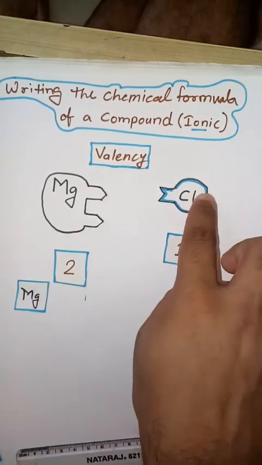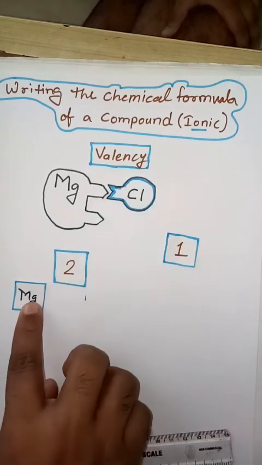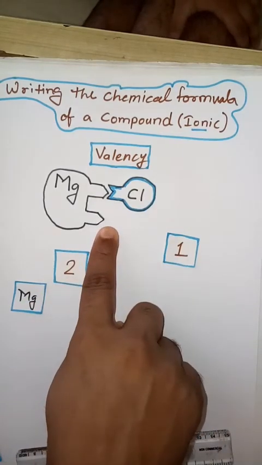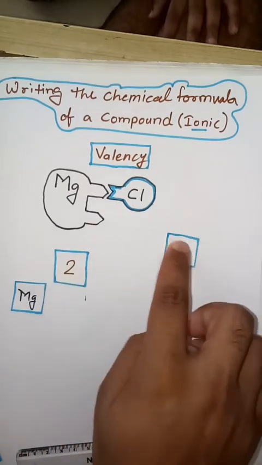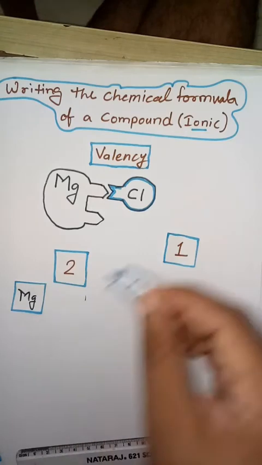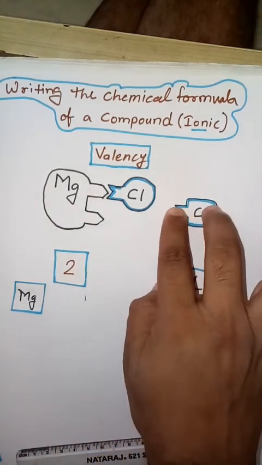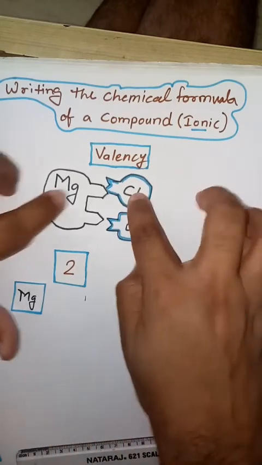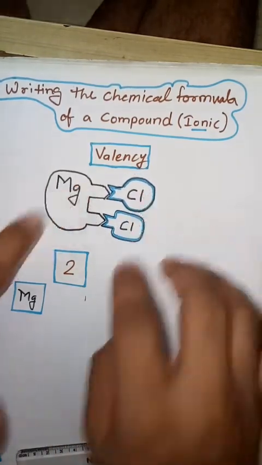Now we cannot just put 1 chlorine with 1 magnesium to get magnesium chloride, because it's still unsatisfied at the other end. It wants to donate 1 more electron, so we need 1 more chlorine to satisfy that, because chlorine has a valency of 1. So it comes along this way and gets attached like this.